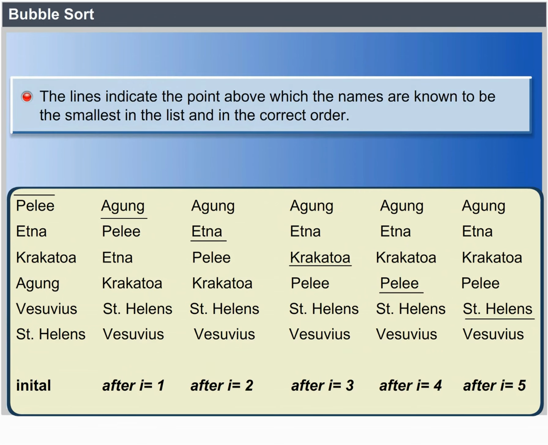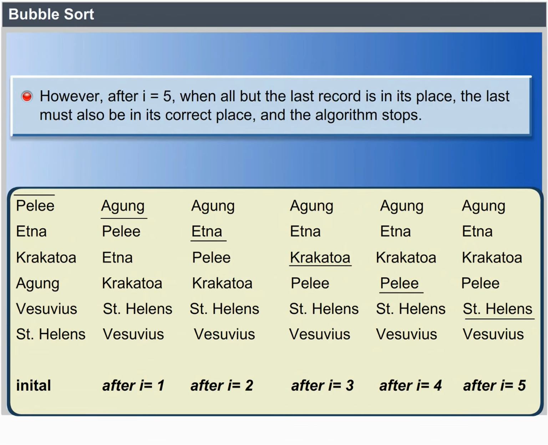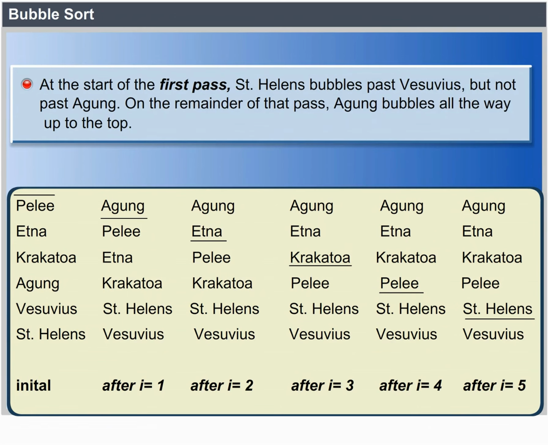The lines indicate the point above which the names are known to be the smallest in the list and in the correct order. However, after i equals 5, when all but the last record is in its place, the last must also be in its correct place and the algorithm stops. At the start of the first pass, St. Helens bubbles past Vesuvius, but not past Agon.